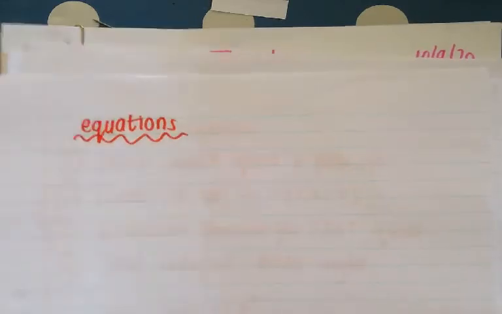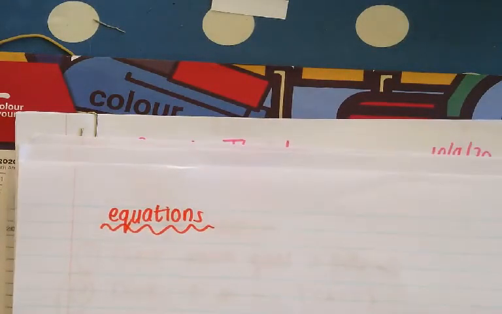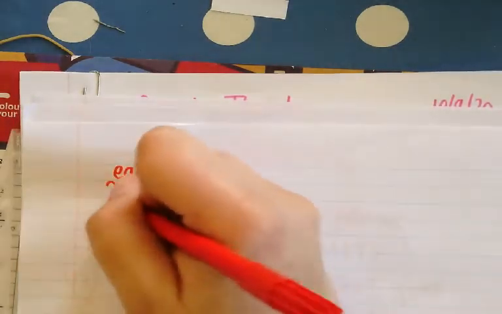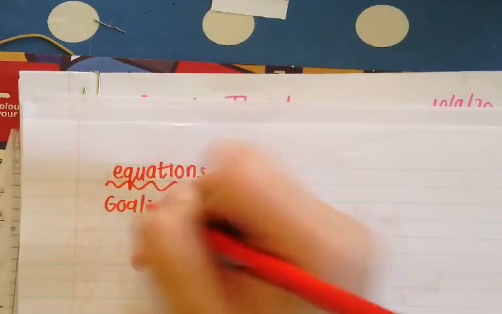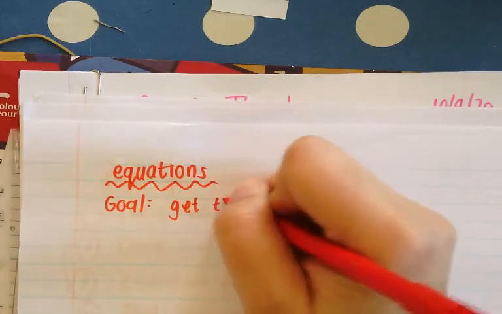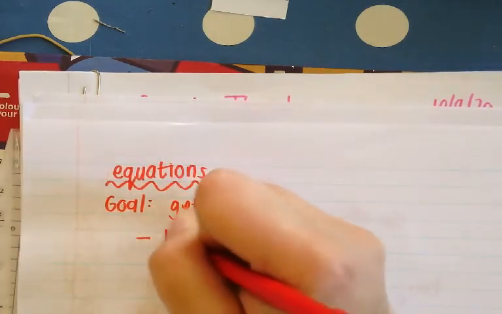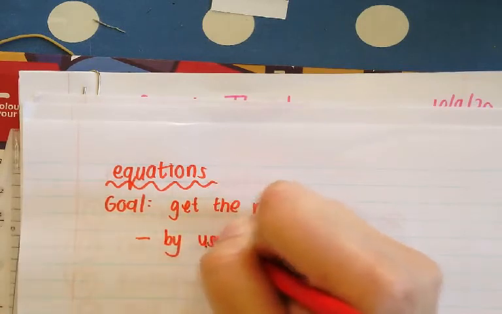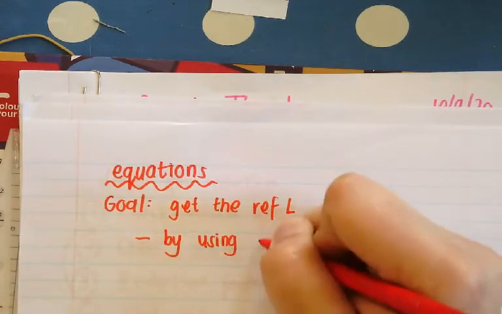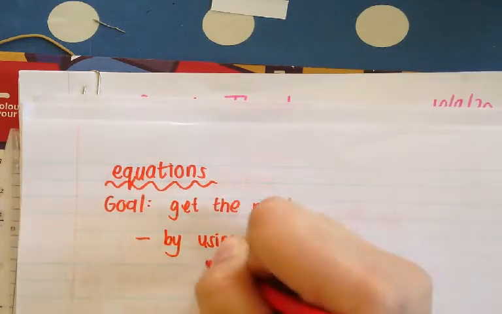Okay, so our goal is still to isolate theta. With equations, we actually call it a reference angle. How do we do that? By using linear equation rules. What is that?